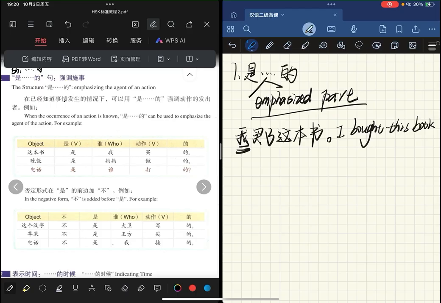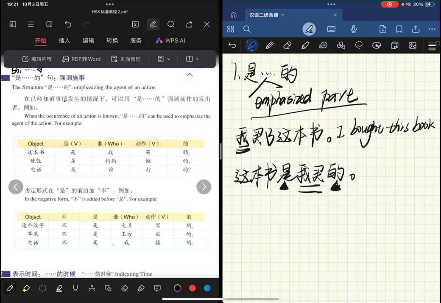So I can say 这本书是我买的。You can see this part is what I want to emphasize, so I put this part between the 是 and the 的.